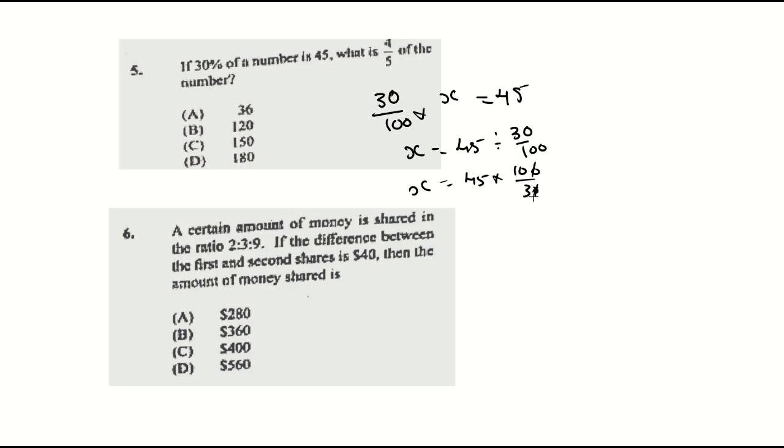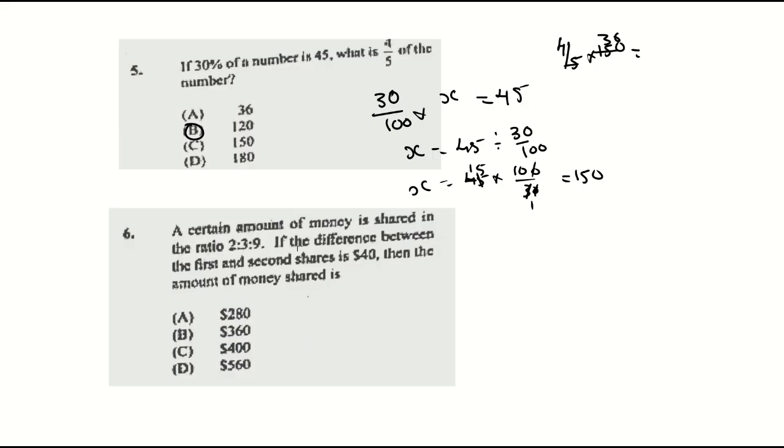Cross out this, cross out this. 3 into 3, 1; 3 into 4, 1, remainder 1; 3 into 5. So we know that the number is 150. Right? So 4 over 5 multiplied by 150, they said, what is 4/5 of the number? That is 30, times 4, that is 120. So B would be your answer.